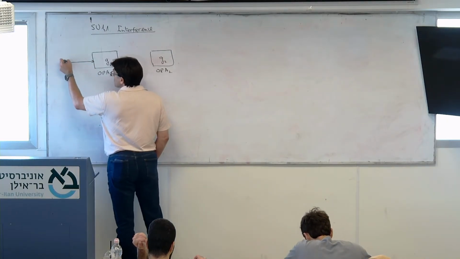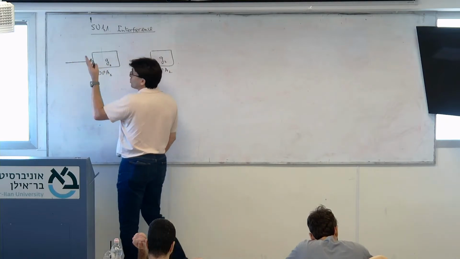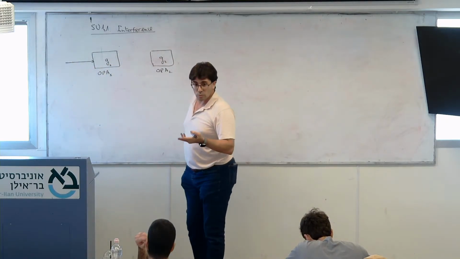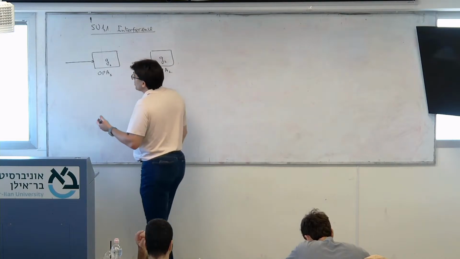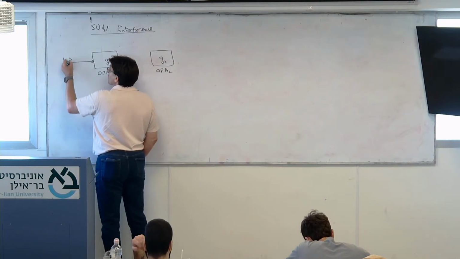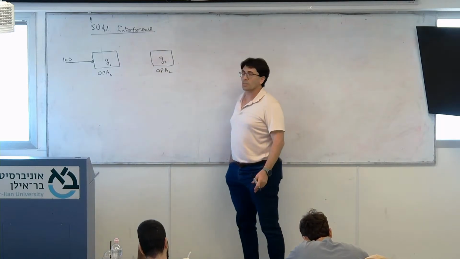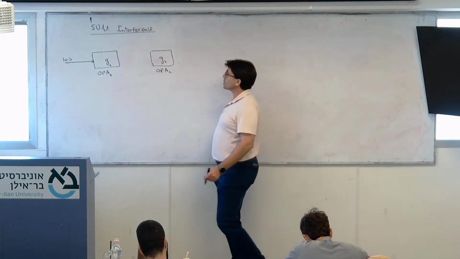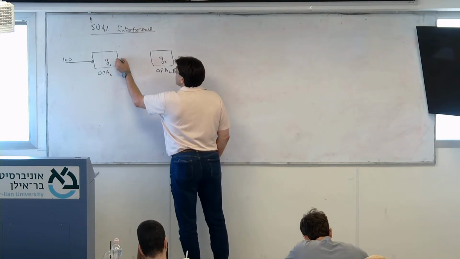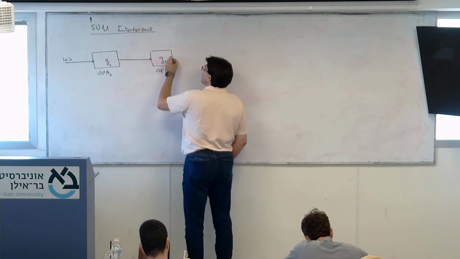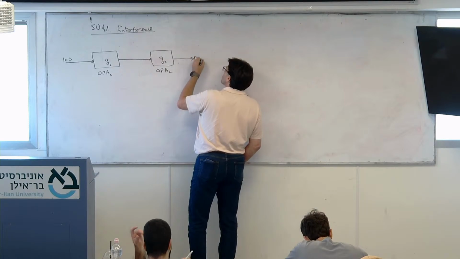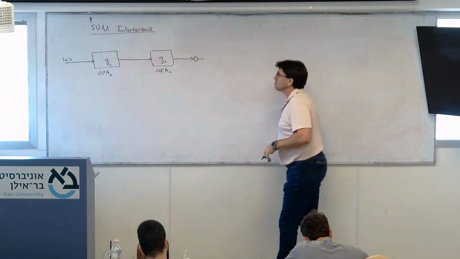I don't know what I introduce here. Let's start with assuming that what we have at the input is nothing. This comes into that, and then it comes here, and eventually we just measure it.